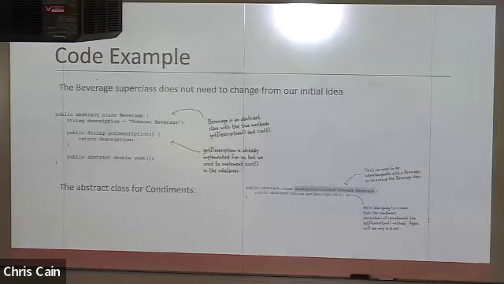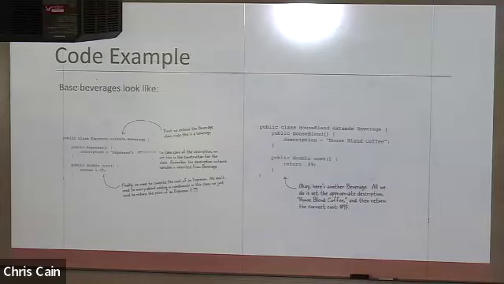The abstract class for condiments is very straightforward. It's abstract. It doesn't define the get description because each condiment is going to have a different description. Let's take a look at the base beverages. So here is an example of what espresso looks like.